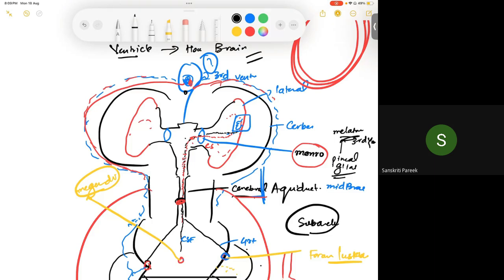In order to have a constant amount of CSF, we have to make CSF and reabsorb CSF. For that reabsorption, the arachnoid villi or granulations are going to push CSF into the superior sagittal sinus and all the sinuses. In the end, it's going to enter into the internal jugular vein.